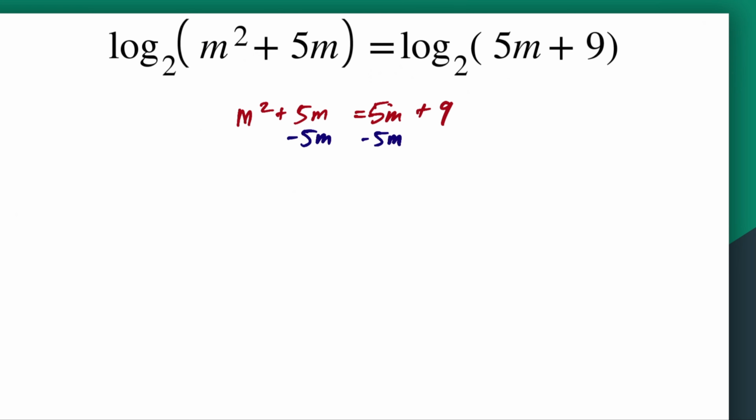Minus this 5m, we get m squared is equal to 9 because it's going to cancel out both of those. And hey, look at that. Now maybe you might have to do some quadratic formula here. That is a possibility, so you need to be prepared for that. But in this one, we got lucky, solved by square root. We get m is equal to plus or minus 3. Okay.